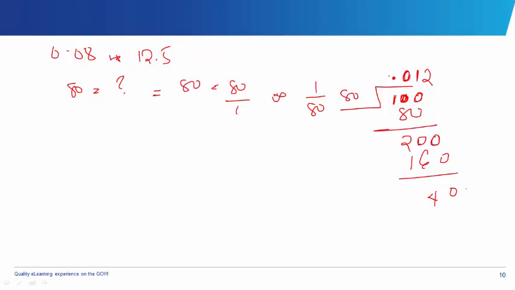So add also another 0. Then what number will you multiply by 80 to give you 400? And that's the 5. 5 times 80 will give you 400. So this is the final answer. So the reciprocal of 80 now becomes 0.0125. If you don't understand this one, please pause, rewind, and follow the division process again to understand it.